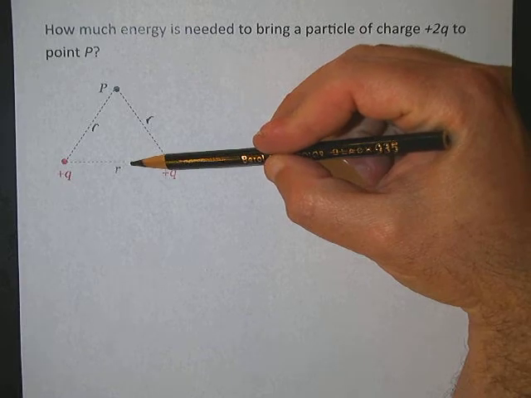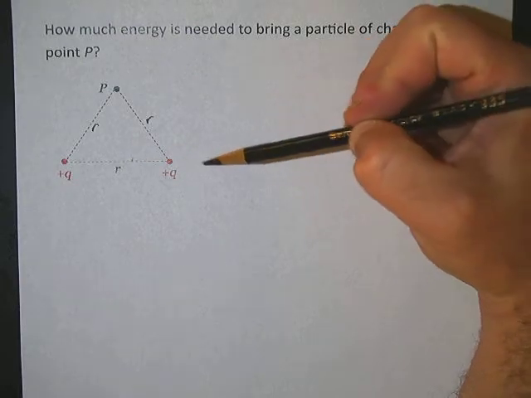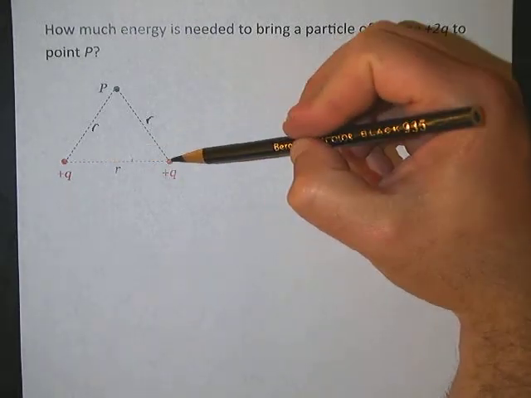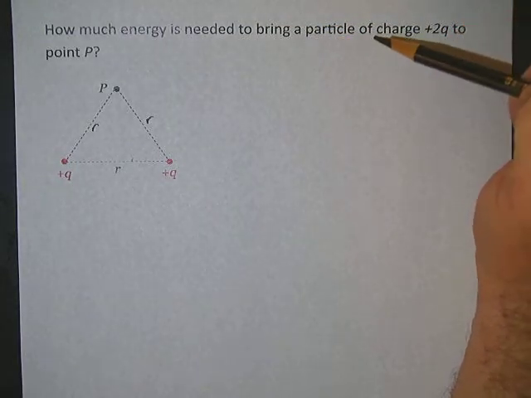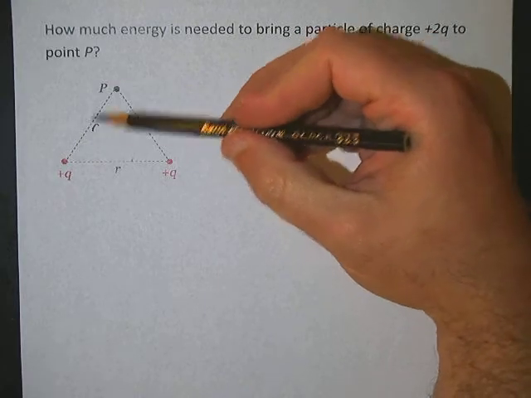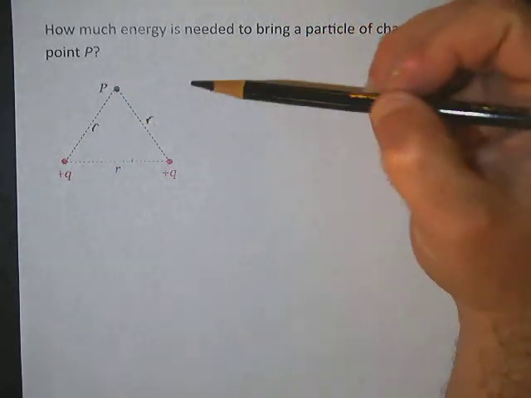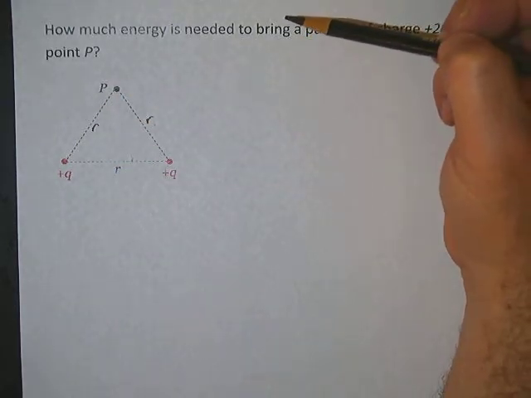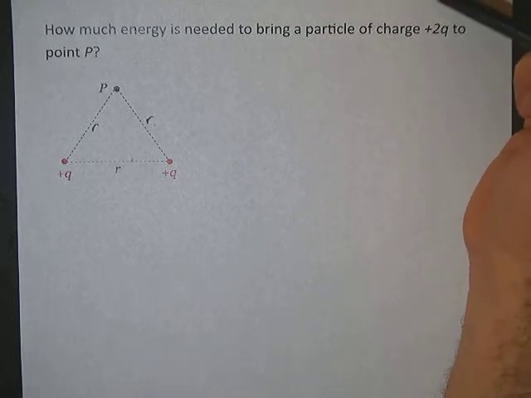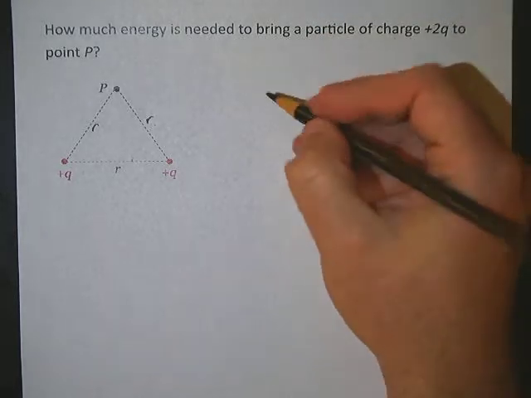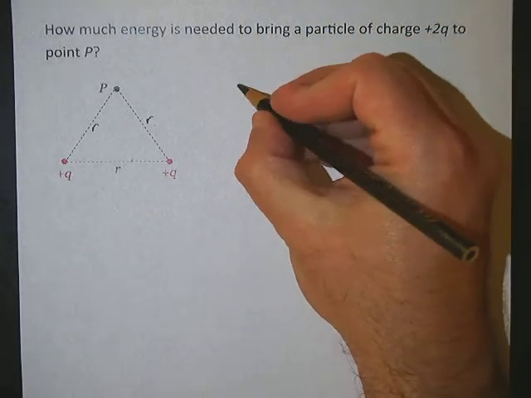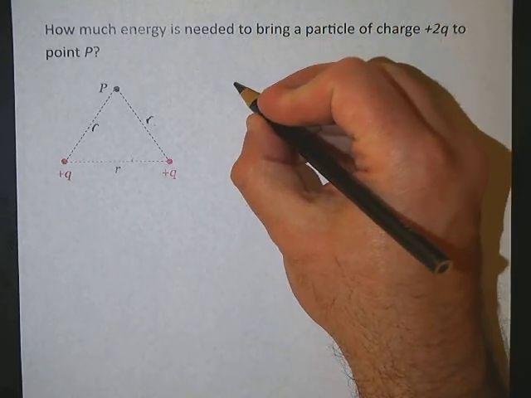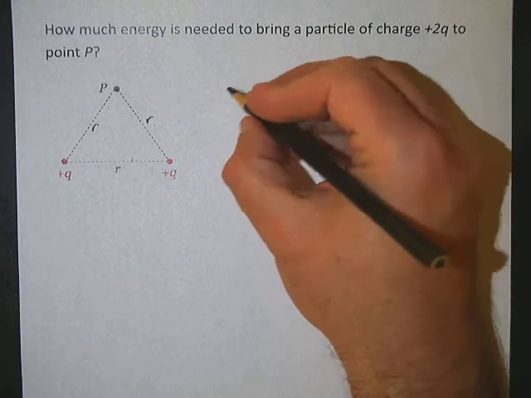Now, once again, we don't need to include the amount of potential energy in this interaction between these two positive charges for this particular problem. There's another type of problem where we would have to consider all three of these interactions, but we're not doing that problem. Okay, so the amount of energy required to bring a point in has to do with the amount of electric potential energy.